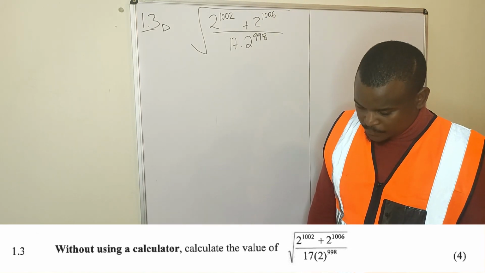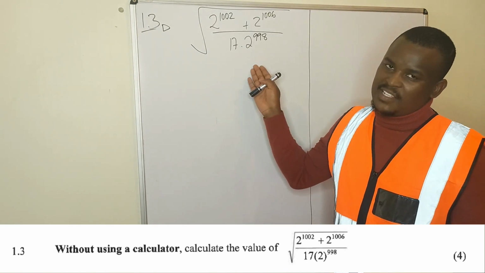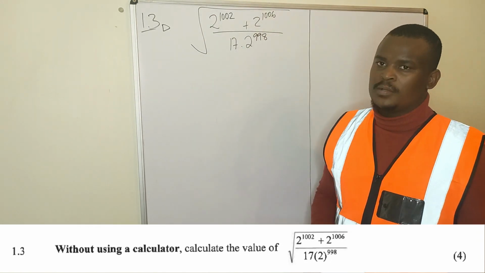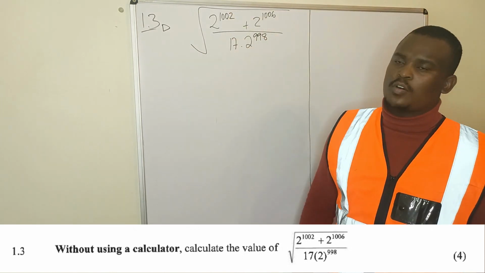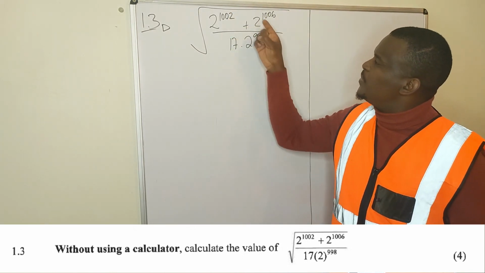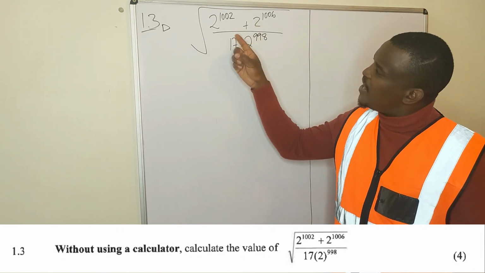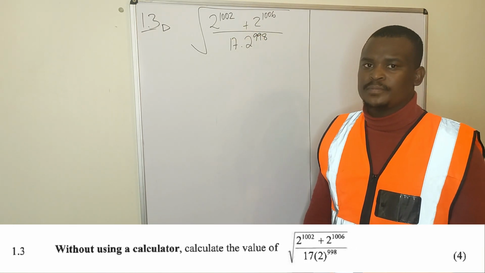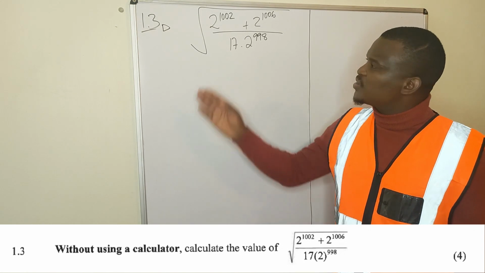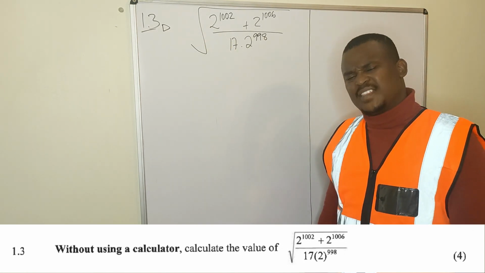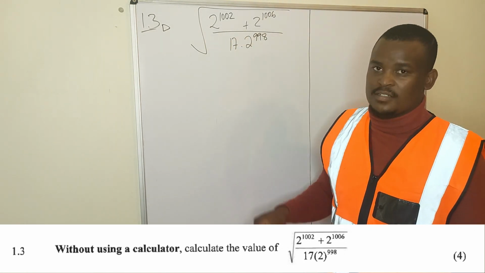So what do we do? When you are given something like this, you shouldn't be scared of the square root. Just look at the exponents inside, because what you're going to be dealing with are the exponents that are inside. So you'll be simplifying what is under the square root. The square root, we'll deal with it at the end. Just deal with what is inside.